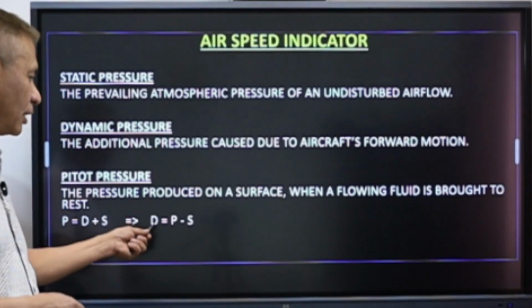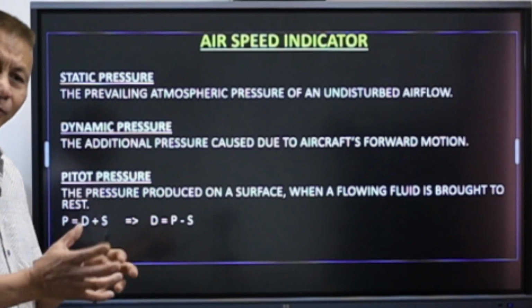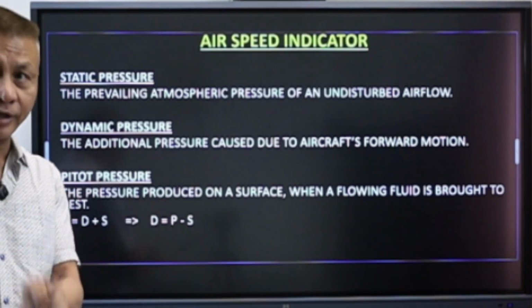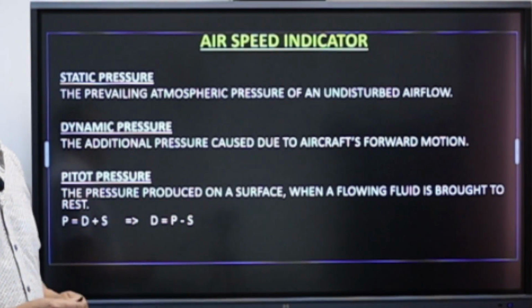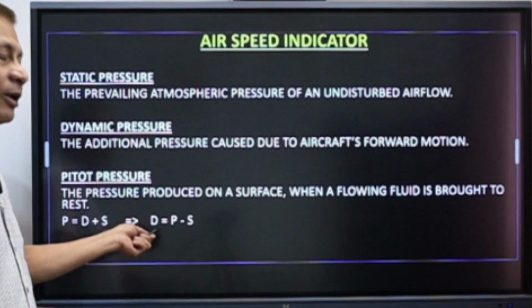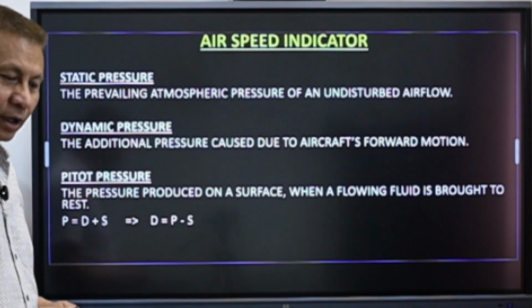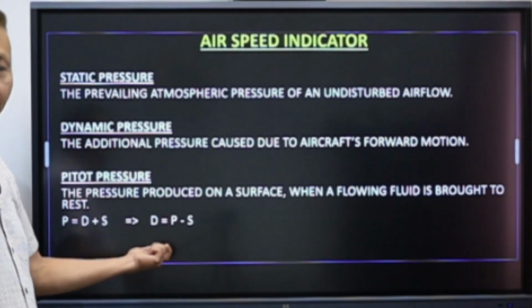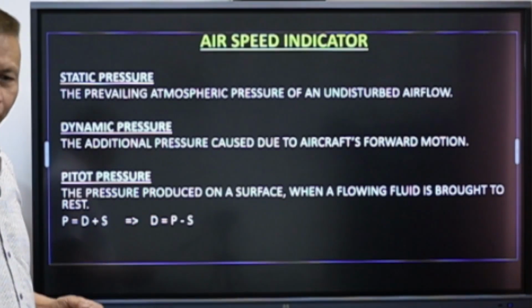So the dynamic pressure will be the Pitot pressure, that is the sum total of dynamic plus static, minus the static pressure which was already existing. So the dynamic pressure is equal to Pitot pressure minus the static pressure. This is the fundamental behind this particular instrument, the airspeed indicator.